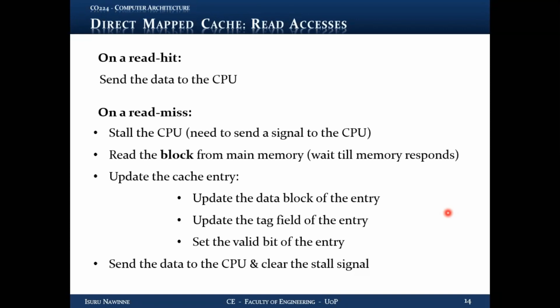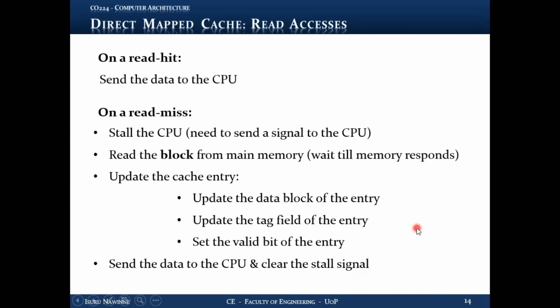The CPU sees this memory hierarchy as the full memory, the only memory that it can access. So in the memory access step, the CPU has to deal with this stall signal and make sure that if the stall signal becomes high, you freeze the operation of the CPU so that it waits until the memory read is completed.